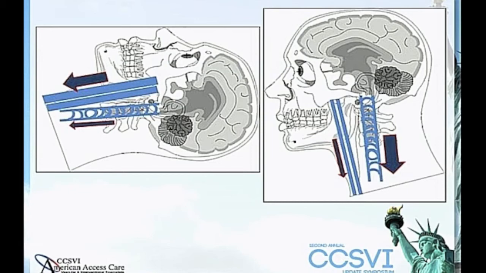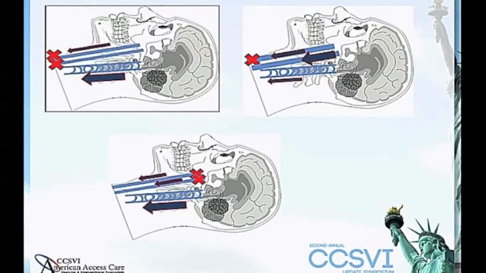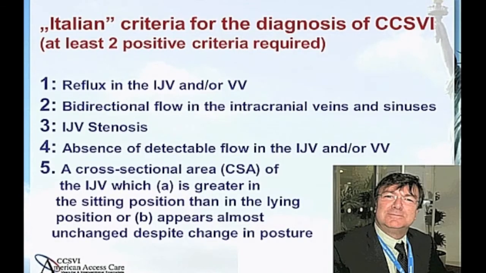So going back, we have two main flow patterns in supine and upright position, and we think that in the case of lesions, obstructions or other problems in the veins, these flow patterns change, and we can detect them by means of Doppler ultrasound. So is it correct?